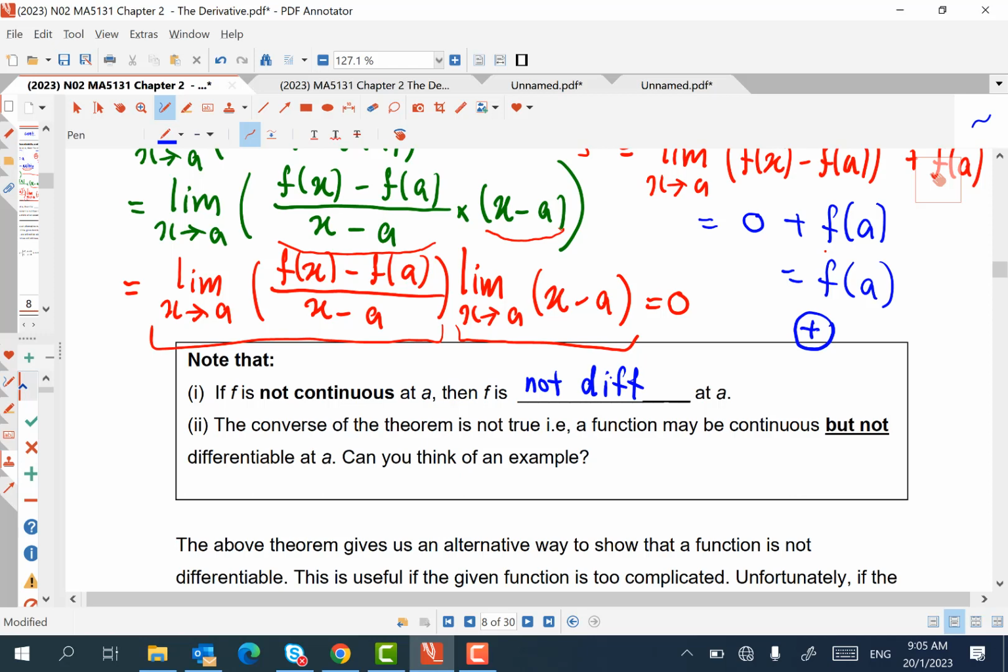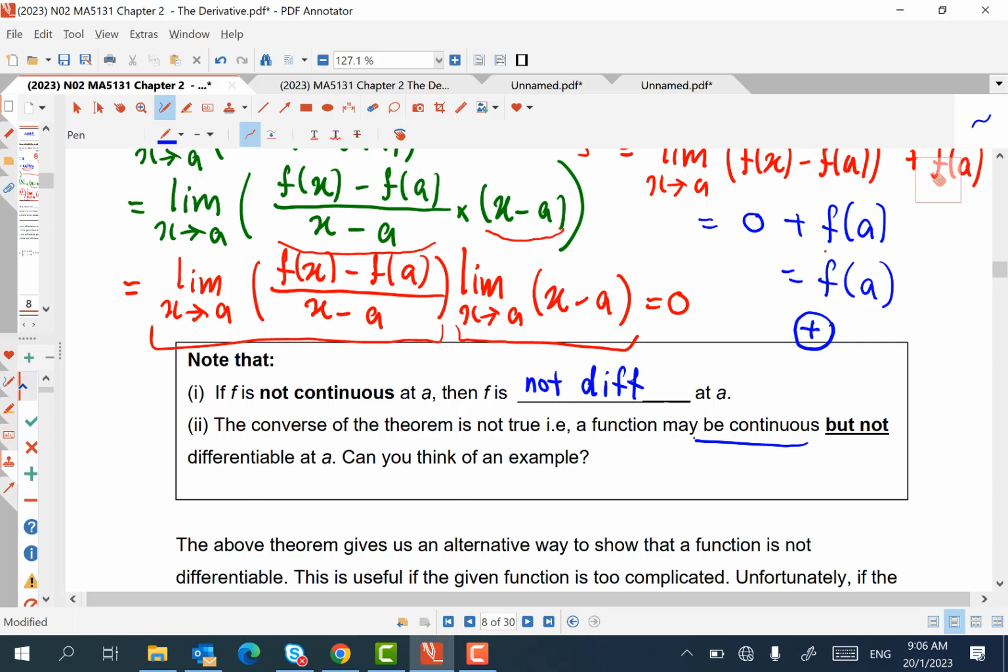That is, if f is continuous, it may still not be differentiable. Remember we had an example just now: continuous but not differentiable. So the way to describe this is continuity is a necessary condition, but not a what condition?